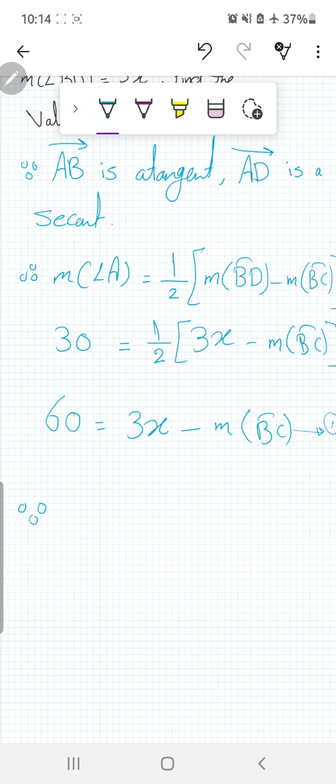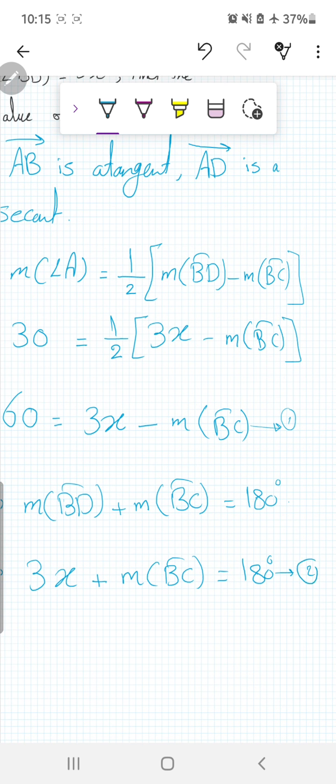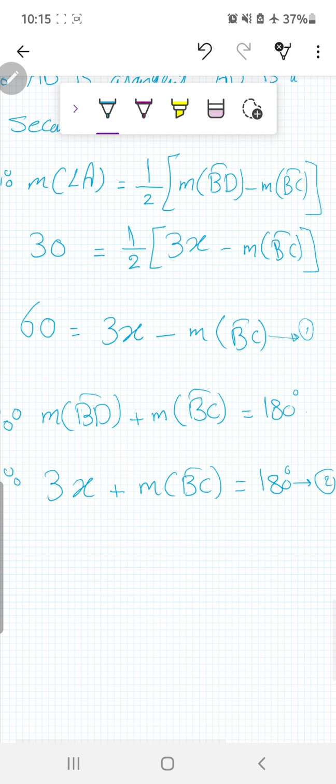Since BD is 3x, we have 3x plus the measure of arc BC equals 180, and let this be equation number 2. We have two equations; we solve them together. We write equation number 2 and equation number 1.